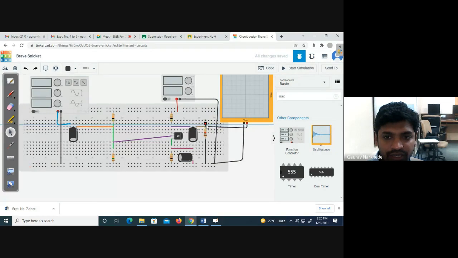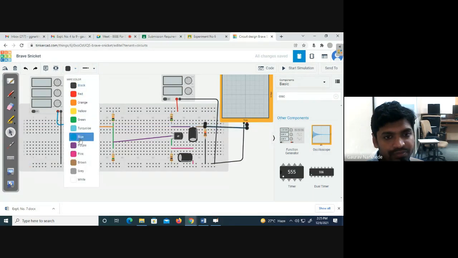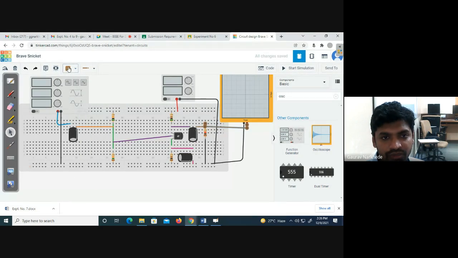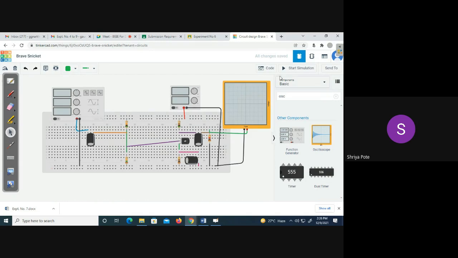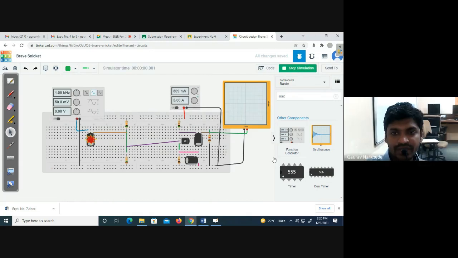Let me change the color, otherwise it will cause confusion. So this is your output, correct? Yes, sir.